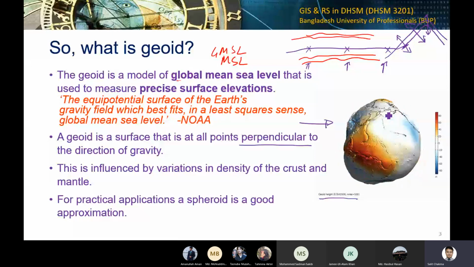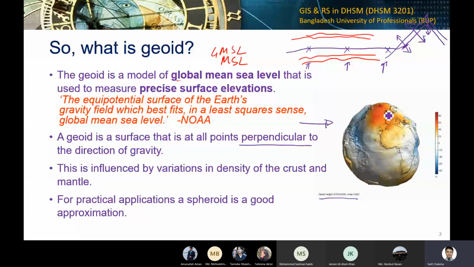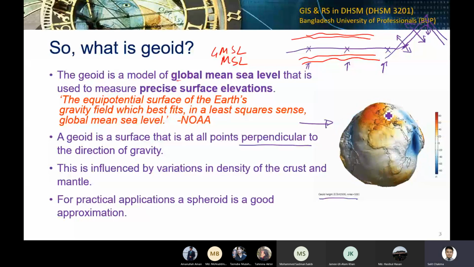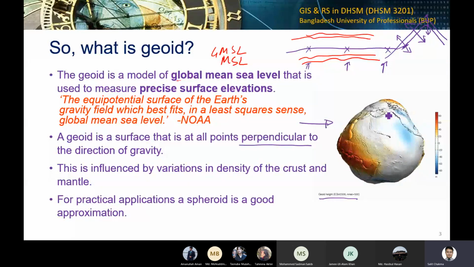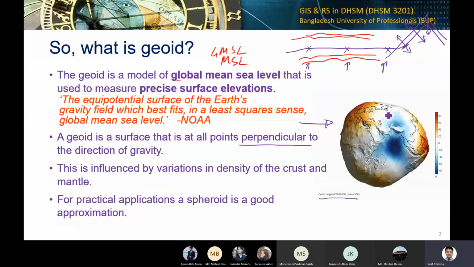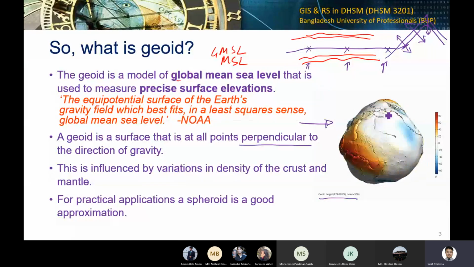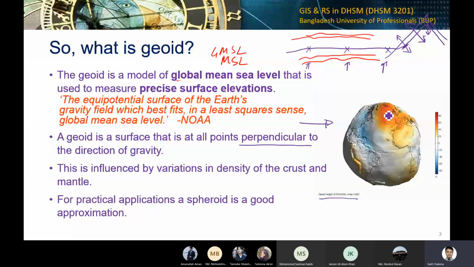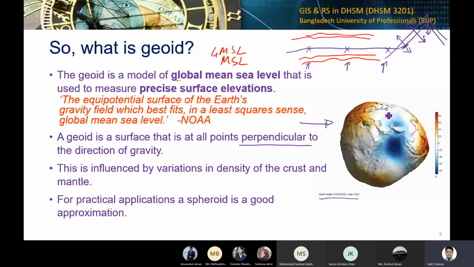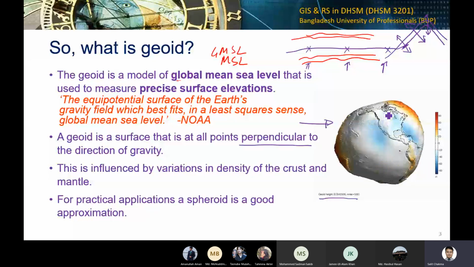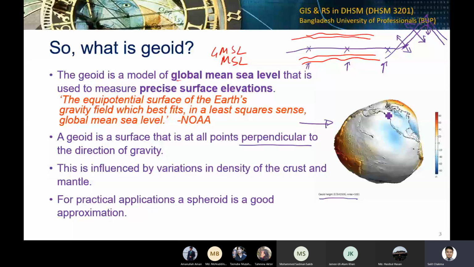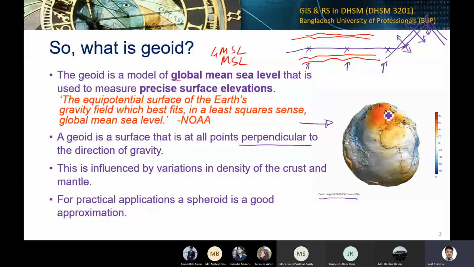It tries to mimic the sphere as much as possible by considering also the added and reduced mass located on the actual surface of Earth. At the same time, it tries to be perpendicular to the direction of gravity, so that the surface of the geoid is much smoother than the actual surface found in the topography.